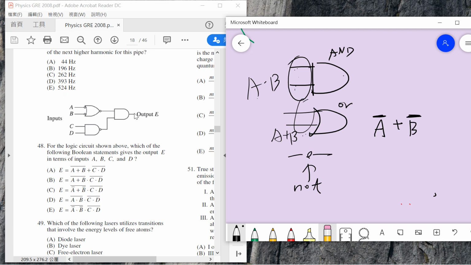Right, and then we do the negation of the result. This is 1, and the second one is C, and it's not B, and we do AND, and finally we get another AND. So we multiply this.